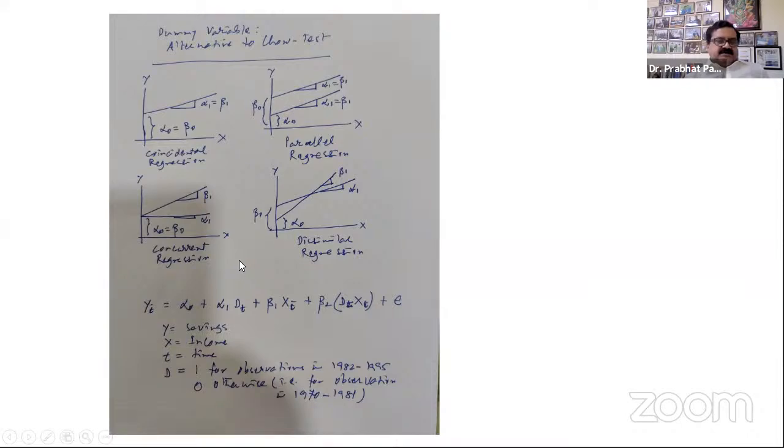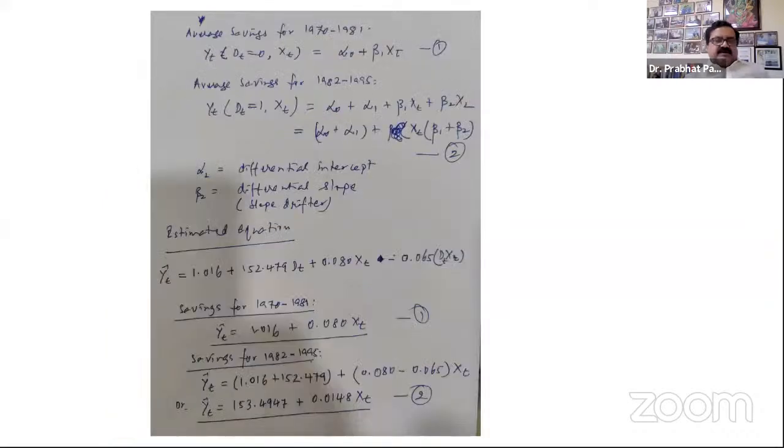That means the saving behavior has changed, but not much effect on the quantum that has been seen. So here, if you try and find out the average saving for the first period, that is 70 to 81, the expected Y has to be where the dummy is put to 0, and then we have the variate.